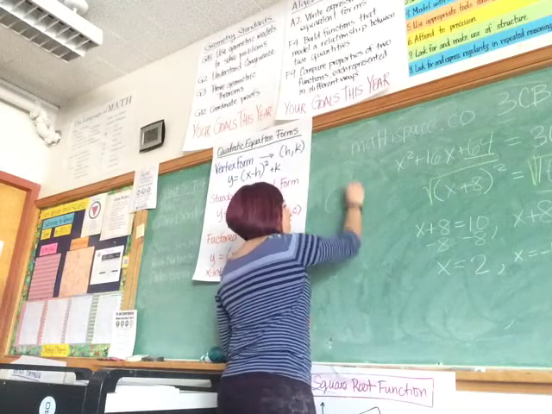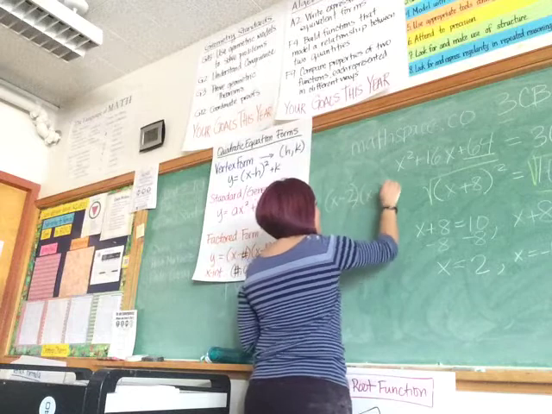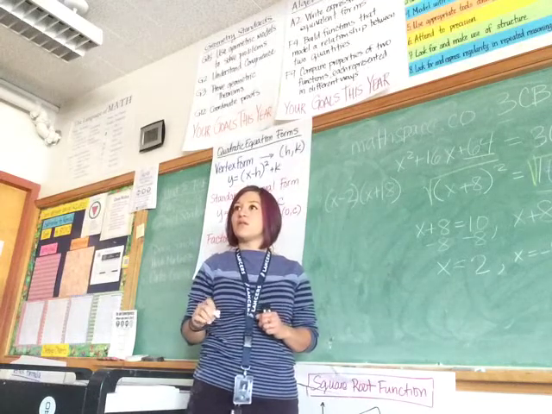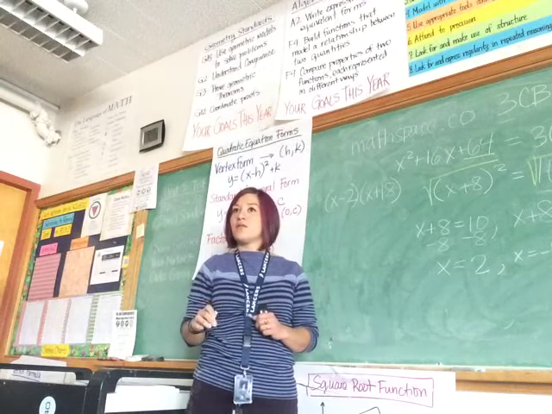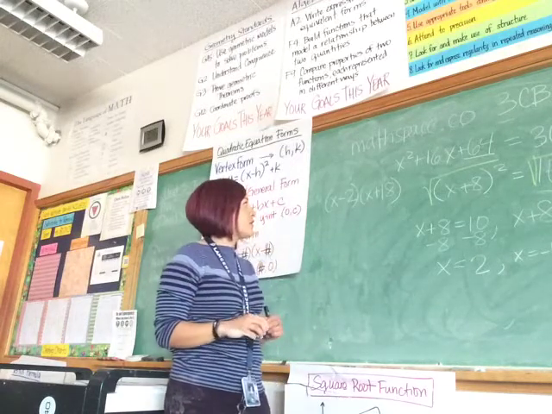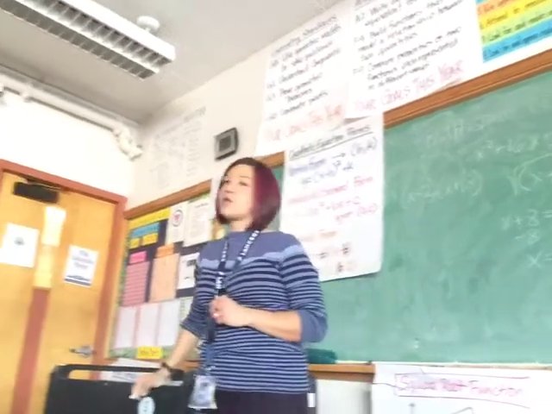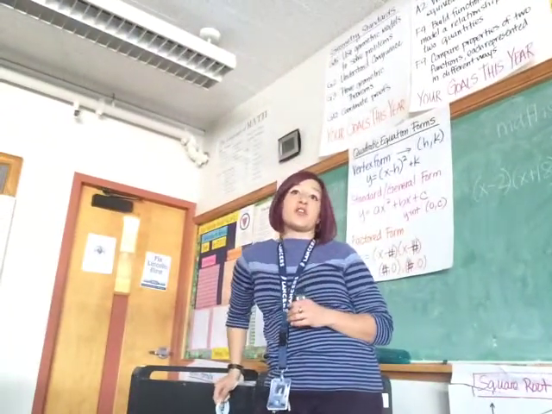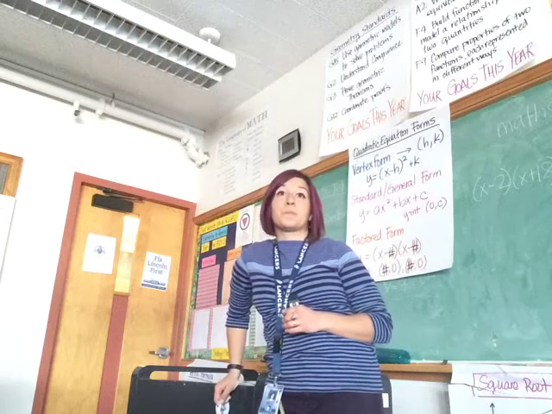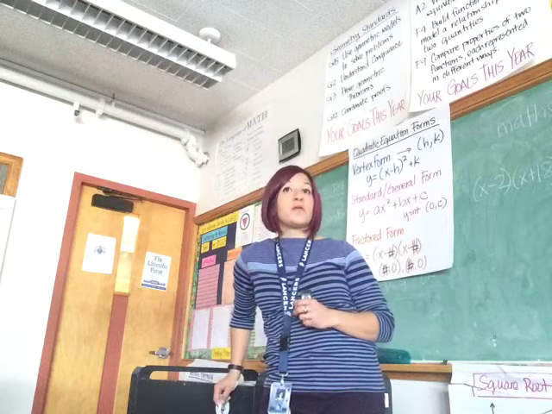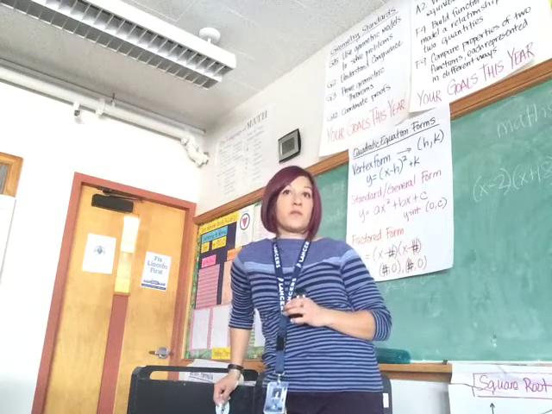I could also have solved this by graphing, or I could have said x minus 2 and x plus 18 equals 0, because I would have moved the 36 over and factored. Or I could have just graphed it too, and you're finding the x-intercepts.